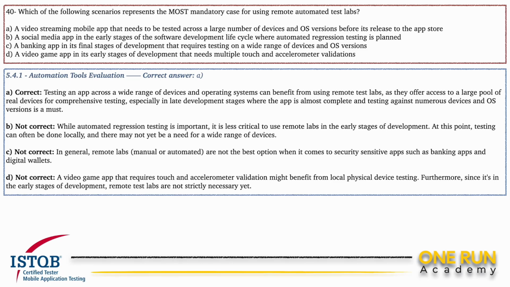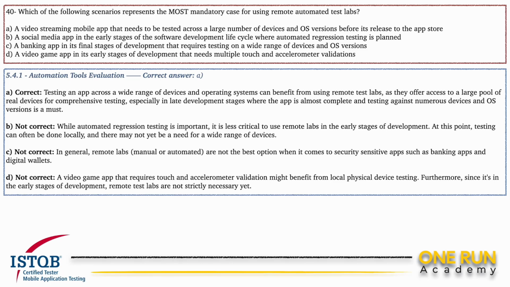Imagine testing the app by logging into a bank account and making money transfers and other account operations on a device that is not in your hands. Sounds far from best security practices. The solution? You should go with on-premise labs. They are typically preferred over remote labs to ensure greater security and control over the testing environment. Security concerns make remote labs less suitable here.